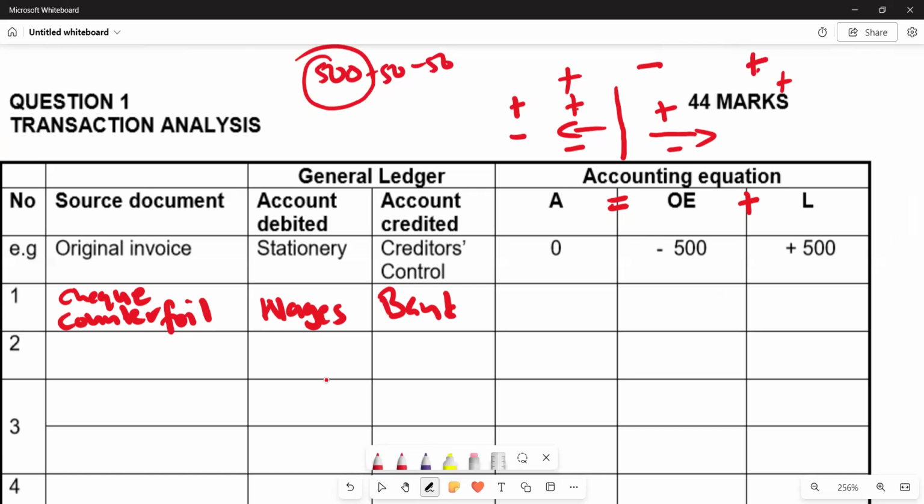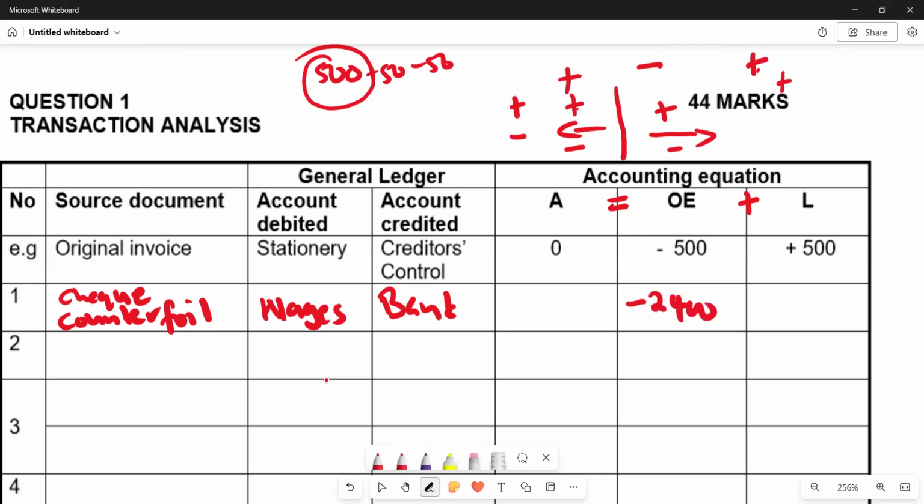So whenever there's a reduction on profit, the owner's equity also is going to reduce. So in this case, wages are reducing the net profit, so it's also going to reduce the owner's equity. So you're going to have a negative 2,400 on owner's equity.